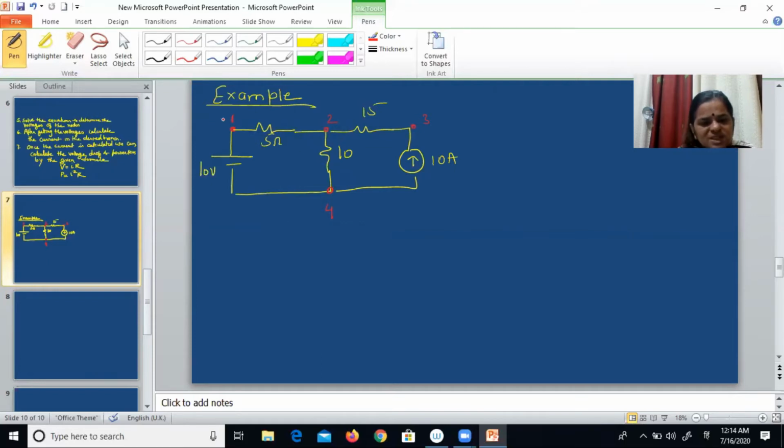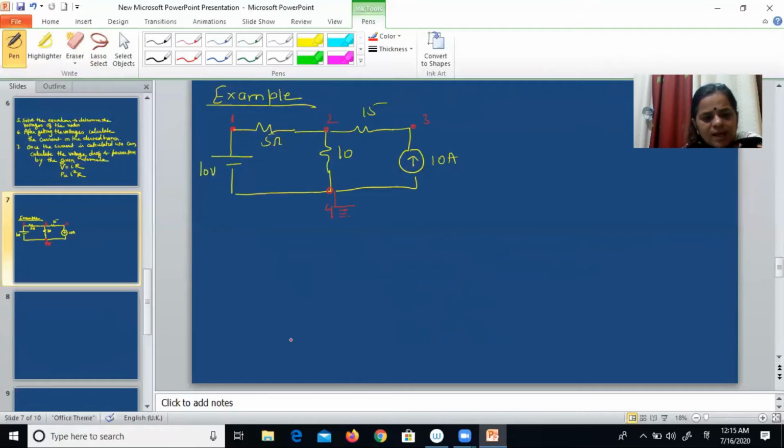But if you see the voltage at this node, because we will make this node the ground, as soon as I make this node the ground, the potential of node 4 will be 0. So the voltage of node 1, that is V1, is directly known to us, which is 10 volt. So there is no need to take this particular point as a node.